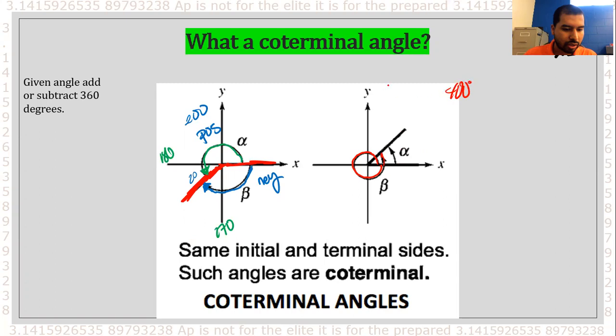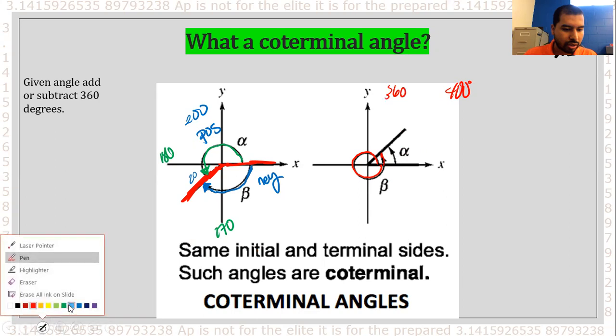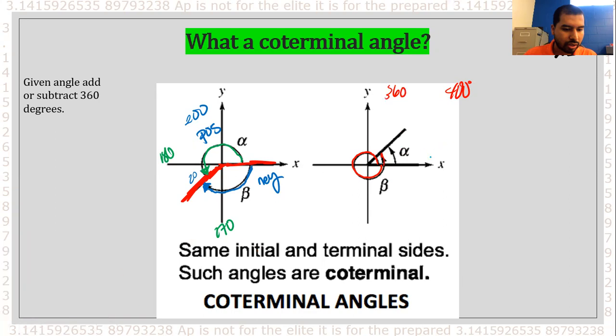That is for sure bigger than 360, right? So it went the complete circle and a little bit more, because this is 360 if we do a complete rotation. How much more? Well, we can say that this right here is just 40, right? 360 plus 40 gives me my 400. So we can see that 400 and 40 are coterminal angles.